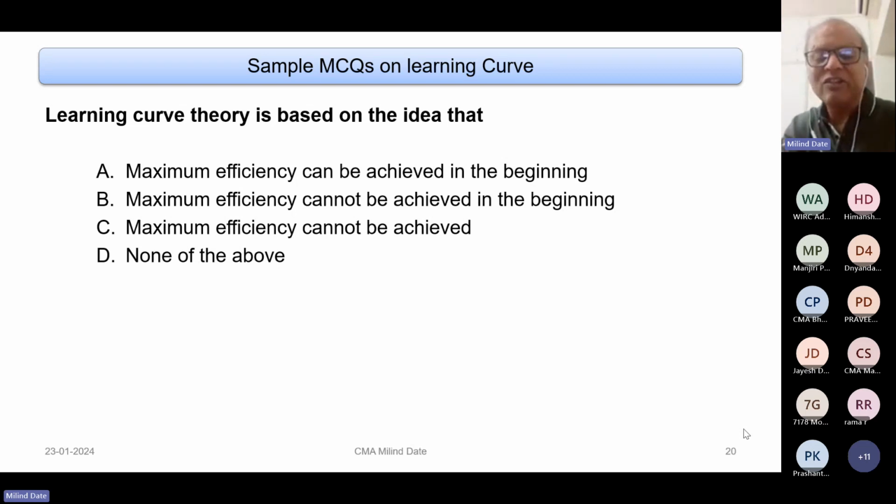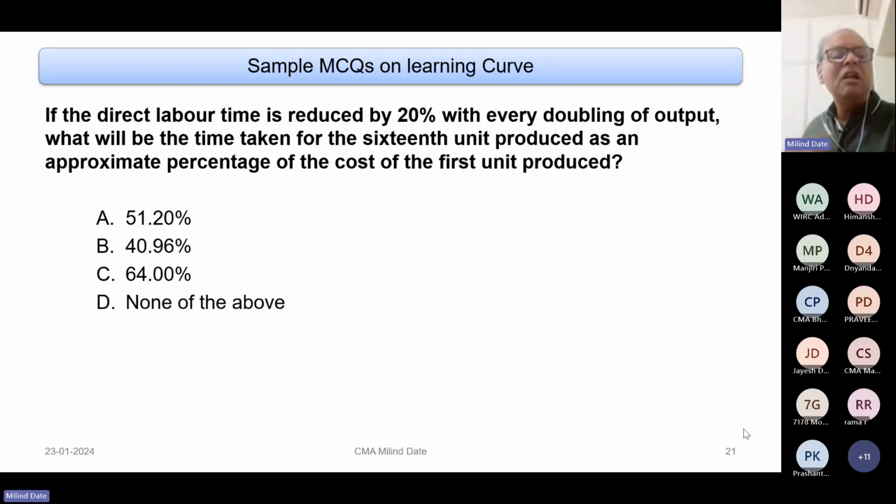The second question on this is, again, I'm trying a numerical one for you. Just look at it. If the direct labor time is reduced by 20% with every doubling of output, what will be the time taken for the 16th unit produced as an approximate percentage of cost of first unit produced? So please understand this carefully.